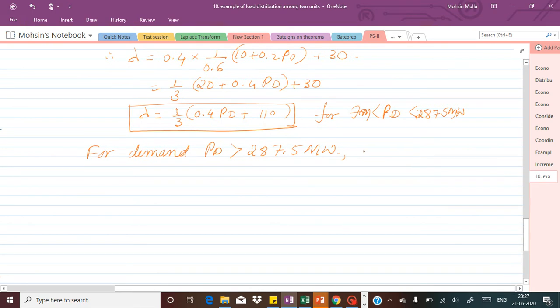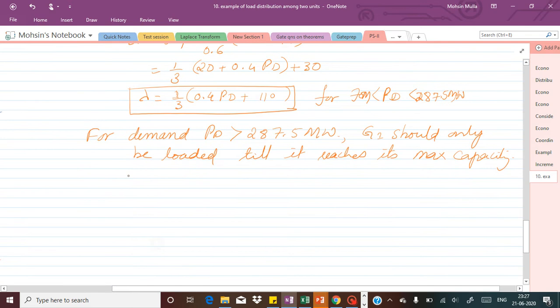Obviously, generator 1 should only be loaded till it reaches its maximum capacity.